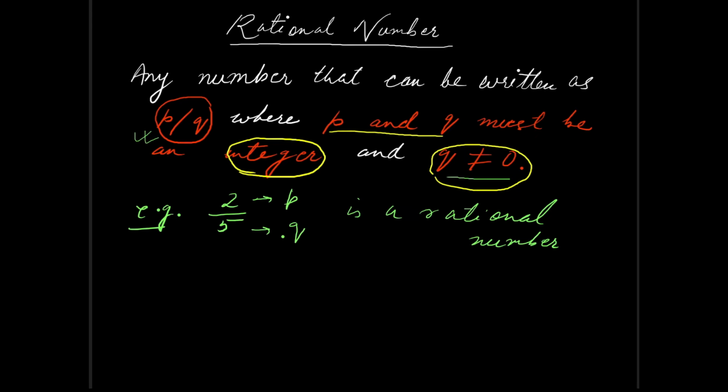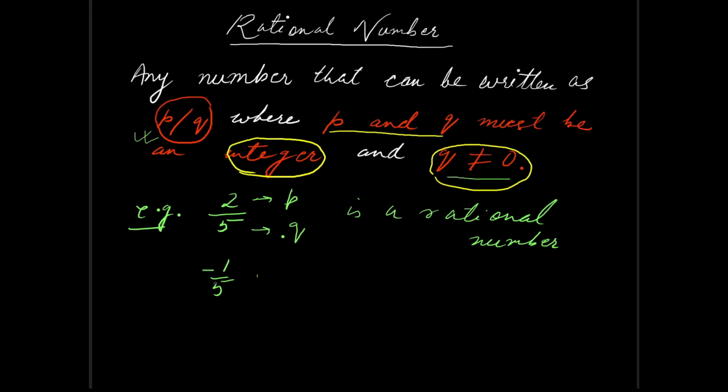Now let's take some other examples also. Minus 1 upon 5. Is minus 1 upon 5 a rational number? If minus 1 by 5 satisfies all these three conditions, then we can say that minus 1 by 5 is also a rational number. The first condition is the number should be in the form of p by q.